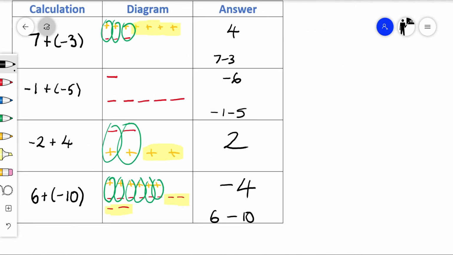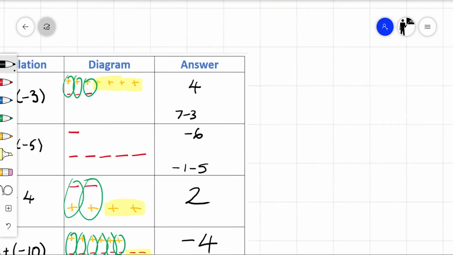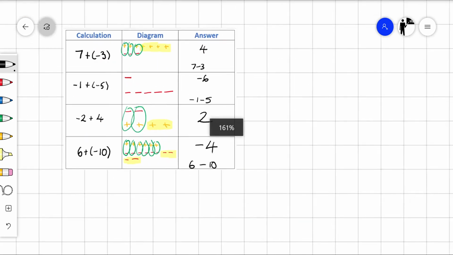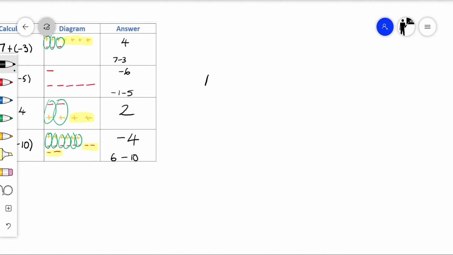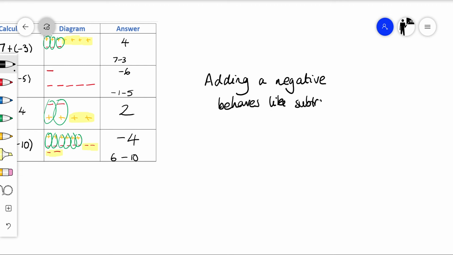Essentially, what happens is when we add a negative, I'm just going to write a wee statement over here. When we add a negative, it actually behaves like subtraction, because adding a negative is the exact same as subtraction.